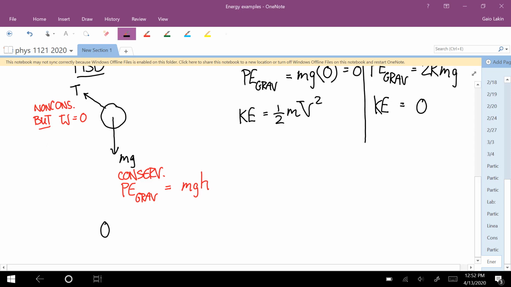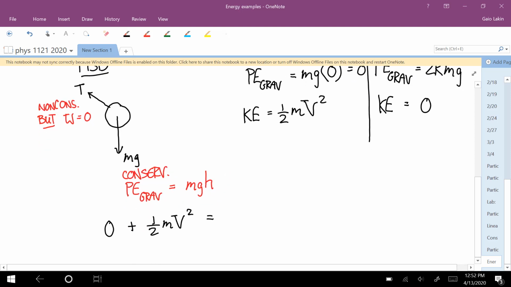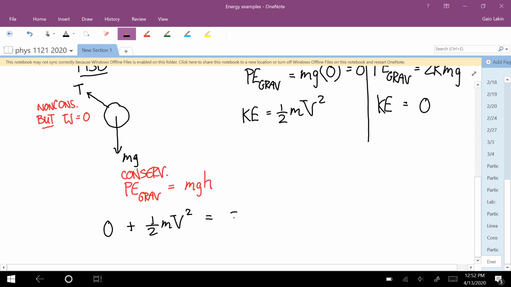So we have 0 plus 1/2 mv squared is equal to 2r mg plus 0. I said before I started this that in this problem, you're going to see that the mass cancels out. Well, now you see you can divide both sides by m. And so m just isn't a relevant thing in this calculation.